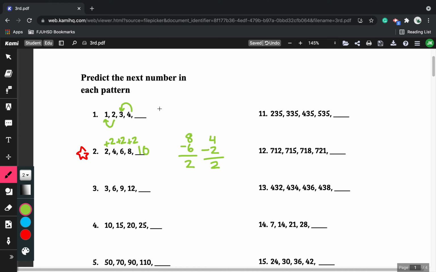And then you add that difference to that number. So 4 minus 3 is 1, 2 minus 1 is 1. Since the numbers are the same, the pattern is add by 1. So 1 plus 1 is 2, 2 plus 1 is 3, 3 plus 1 is 4, and 4 plus 1 is 5. I just did another example for you.